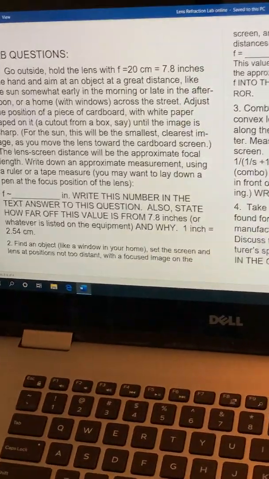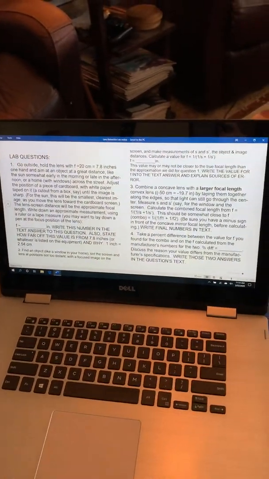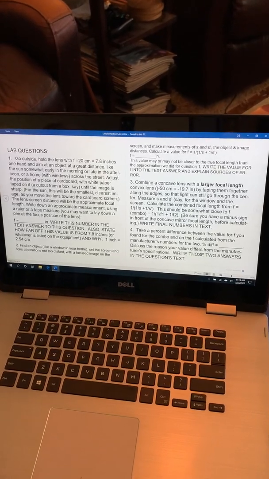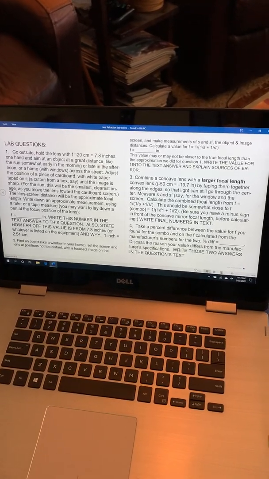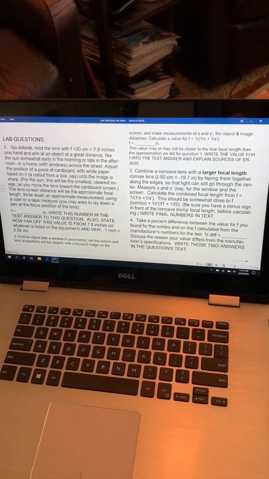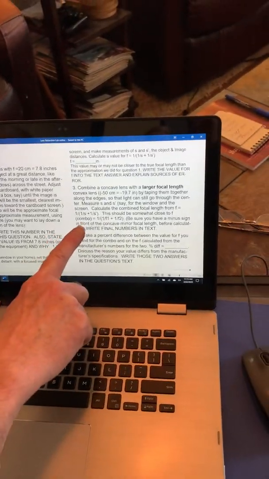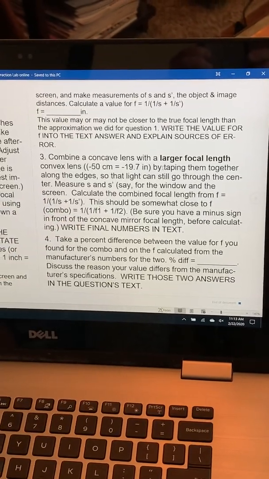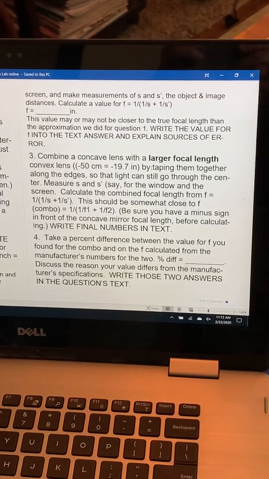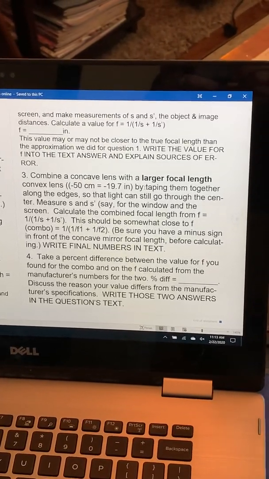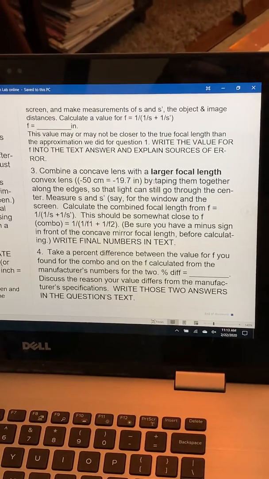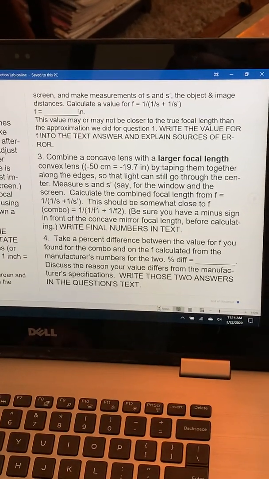So I guess we got about 8 or 9 for the image distance, and what was it, about 89, 88 for the object distance. So you take 1 over 88, say, plus 1 over 9, okay? And then you divide that into 1, and again you should come up with a focal length that will be fairly close to the 7.8 inches, okay? You keep it all in inches.